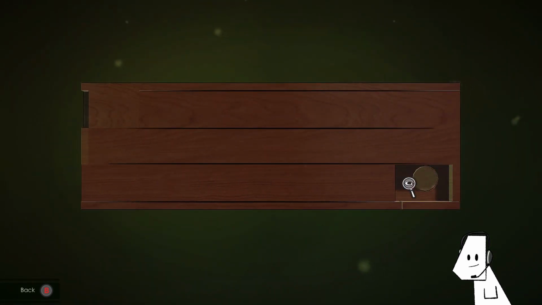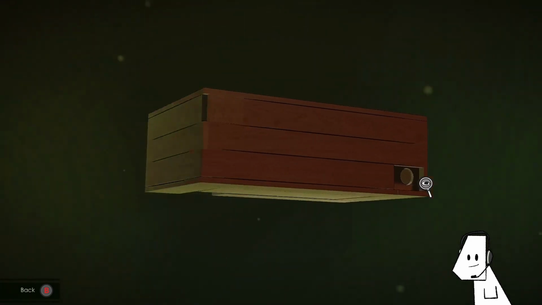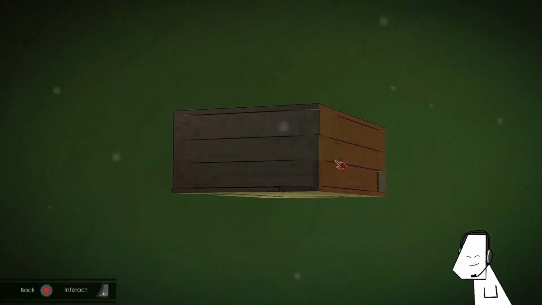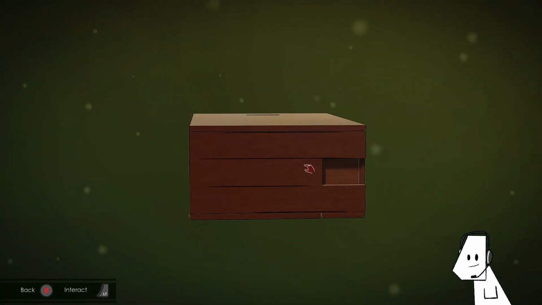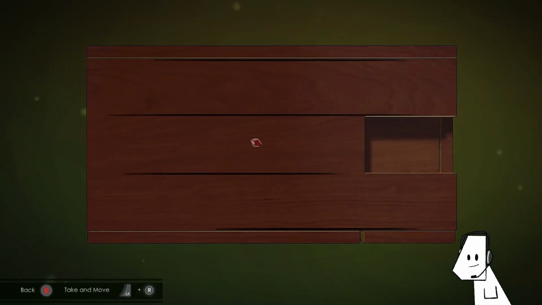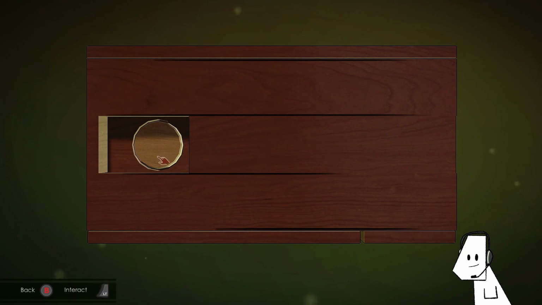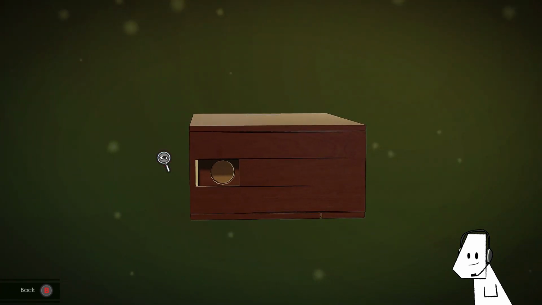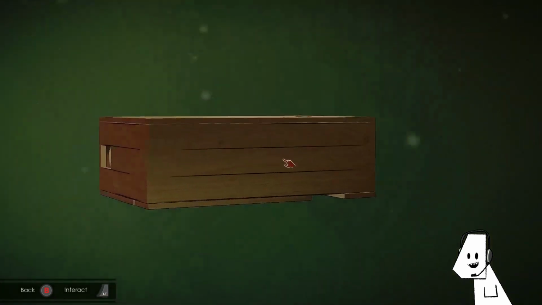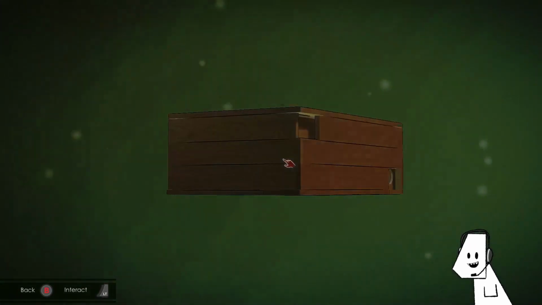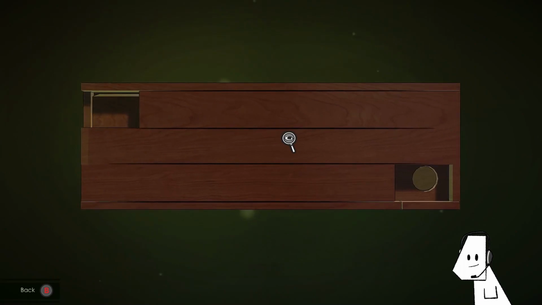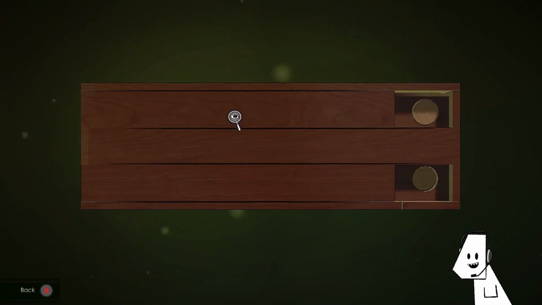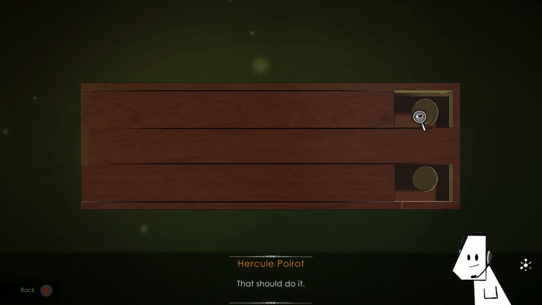With another button. What did that do? Aha. We're getting there. We are making some slow but steady progress. We had a little bit of a bump when I wasn't able to figure out how to. That should do it.